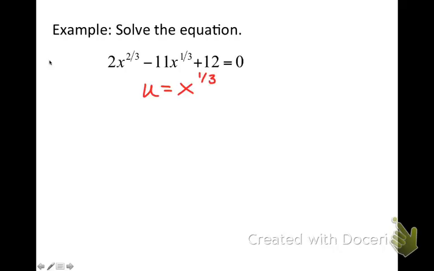And what's going to be nice about that is it will then end up being squared 1 and 0. So my new equation becomes 2u squared, because 2 times 1/3 is 2/3, minus 11u plus 12 is equal to 0.